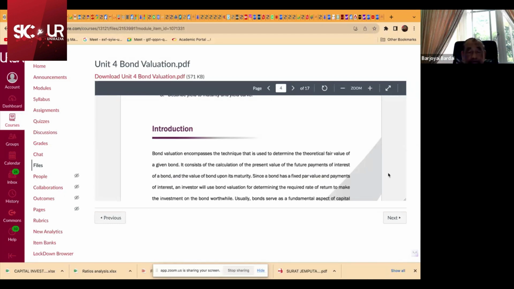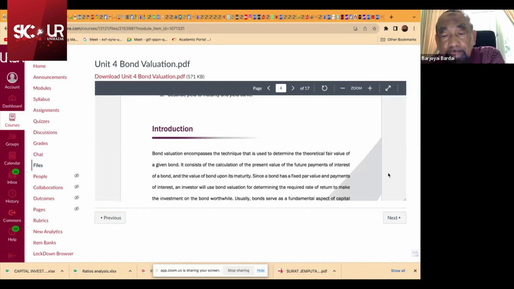So this is using the knowledge that we discussed on capital investment decisions, because a bond is regarded as a form of investment that will give two forms of return. One is the annual return in the form of the coupon rate every year, and at maturity, we will be paid back the principal amount.